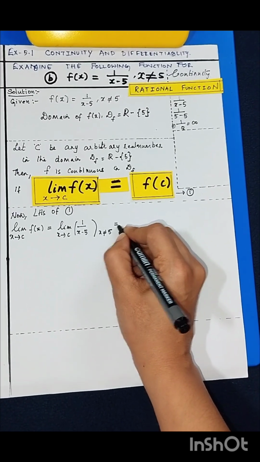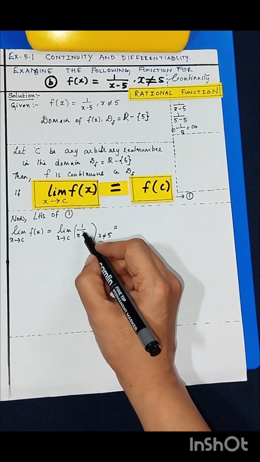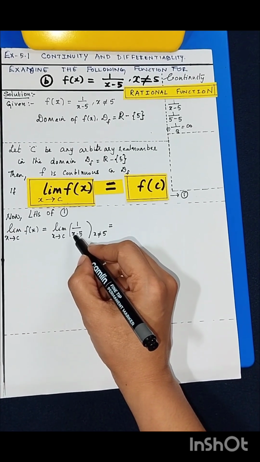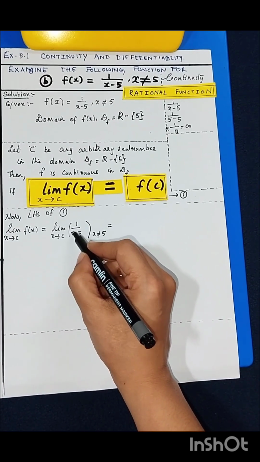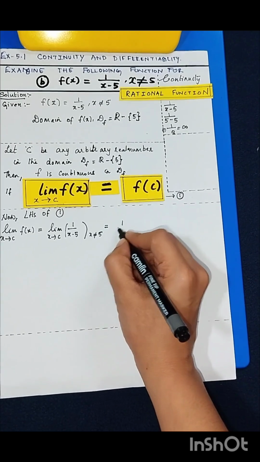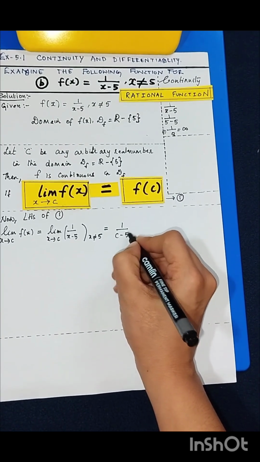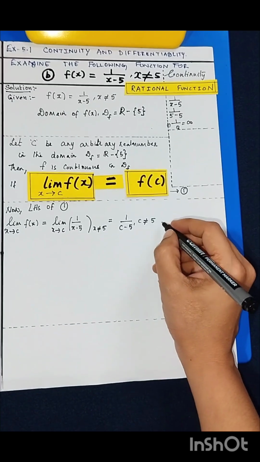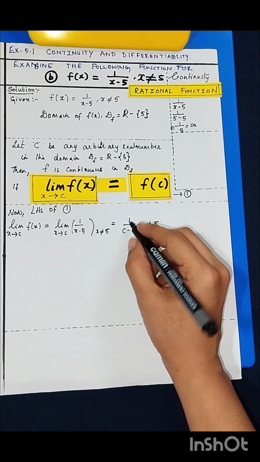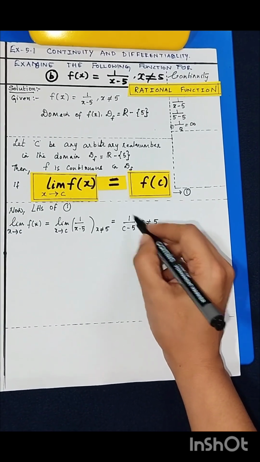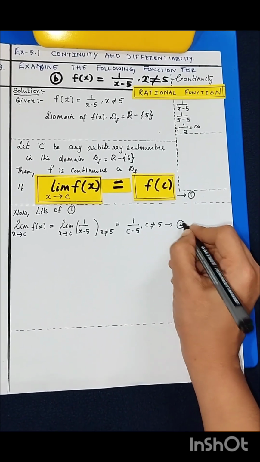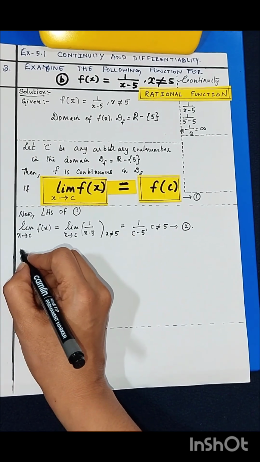Now this is a polynomial by polynomial function, and we can substitute the value of c in the place of x. So directly we can write 1 divided by c minus 5, but even c should not be equal to 5. So this is the LHS. We got the LHS as 1 by c minus 5. Let us write it as 2.